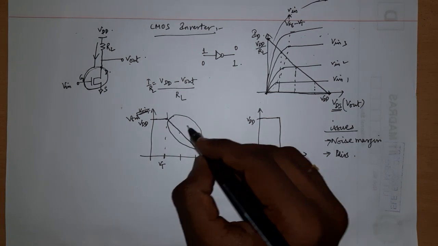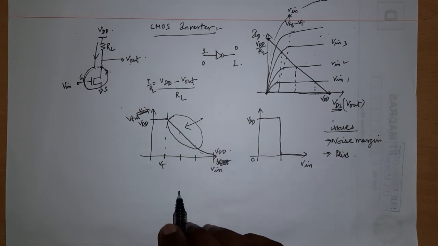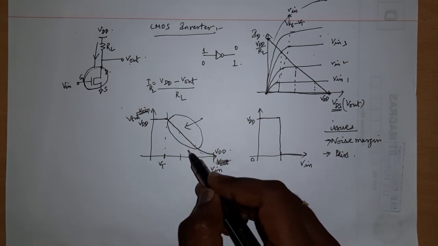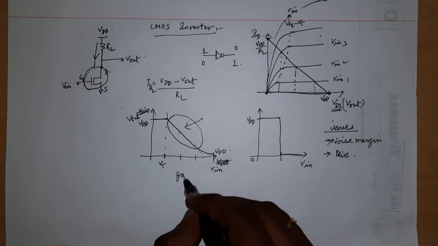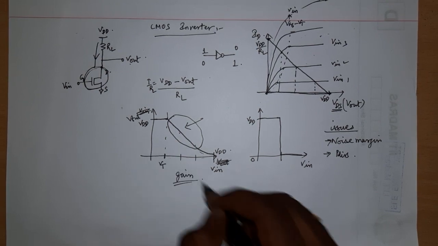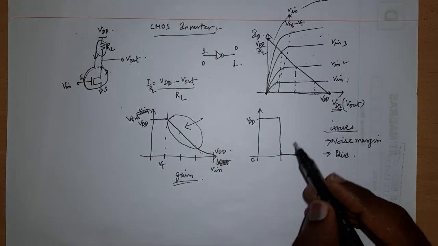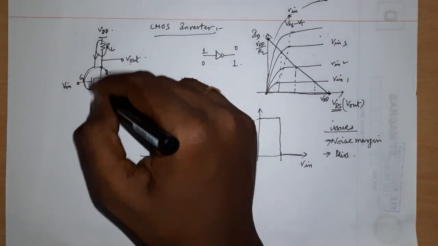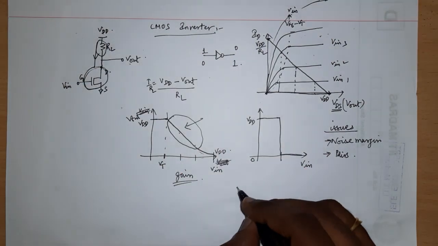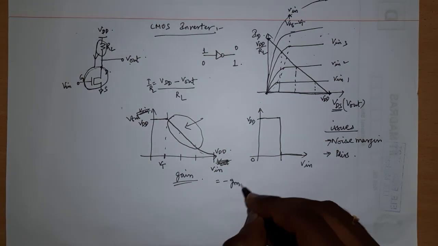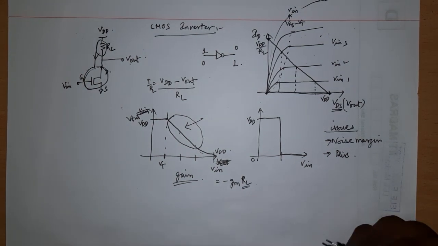Okay, the slope is turning out to be the main reason, and the slope is nothing but the gain, and it basically means that the gain is smaller because it's a passive load, right? And from the small signal model, when a load is connected, the gain is equal to minus GM times RL, and this load is passive.